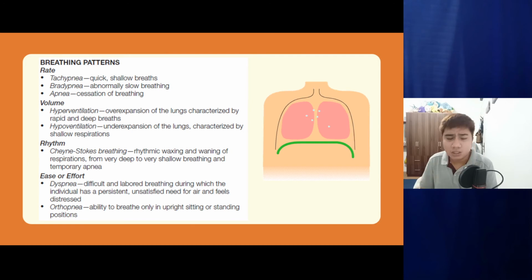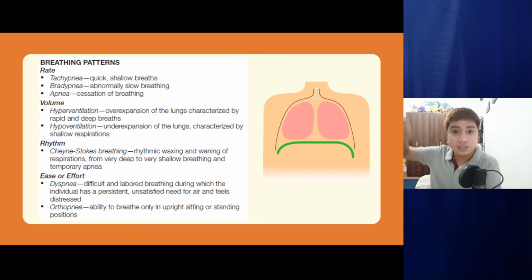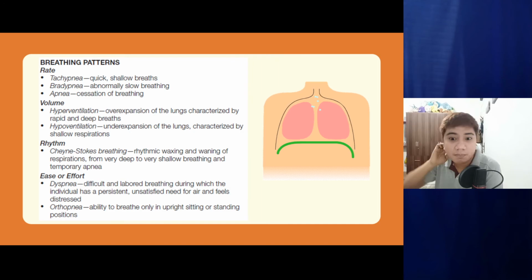Breathing goes from very deep to very shallow, then temporary apnea, then deep breathing, shallow breathing, apnea again. Usually present for persons with stroke, congestive heart failure, and those who are dying, waxing and waning, or Cheyne-Stokes.